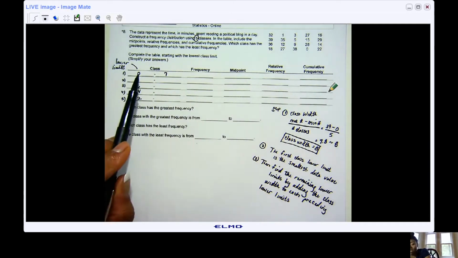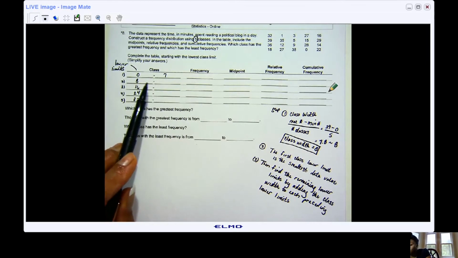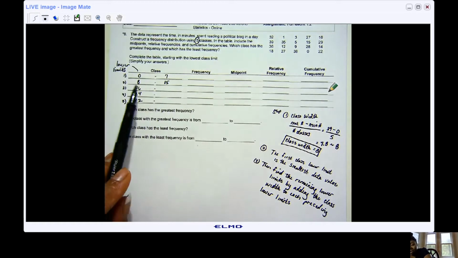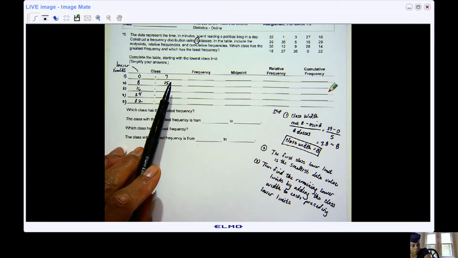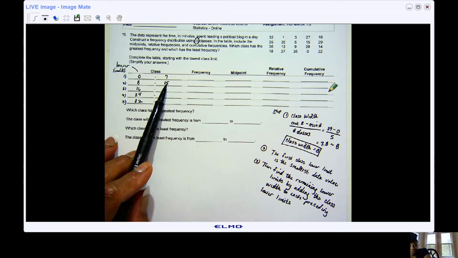So if class 1 ranges from 0 to 7, class 2 starts at 8 and goes to 15. Think about it. Class 3 begins at 16, so class 2 had to end right before that at 15. Or you could have just said 7 plus 8 and got 15.